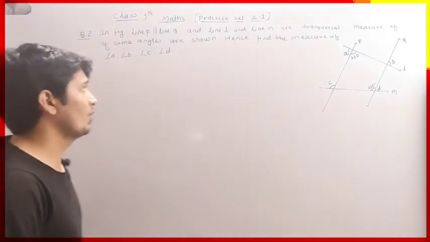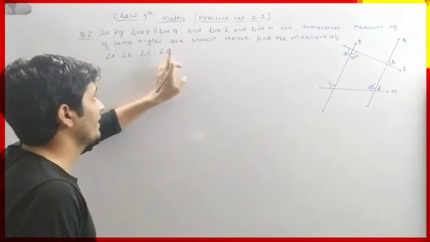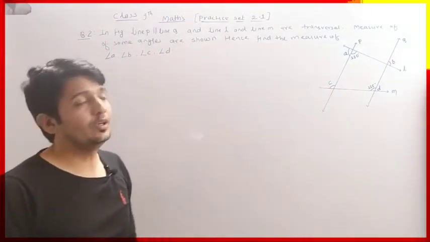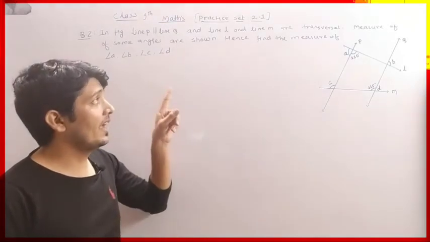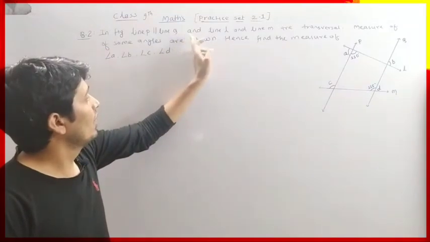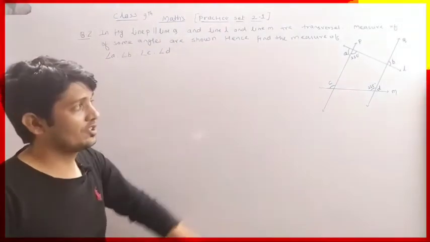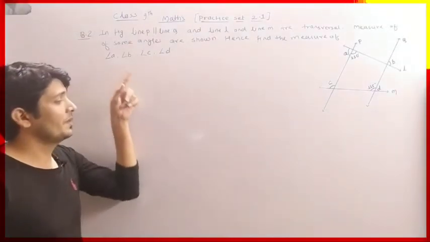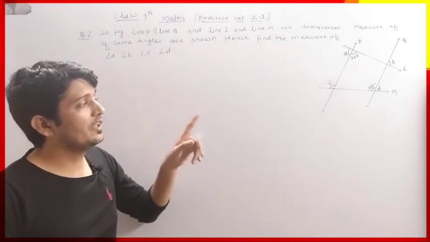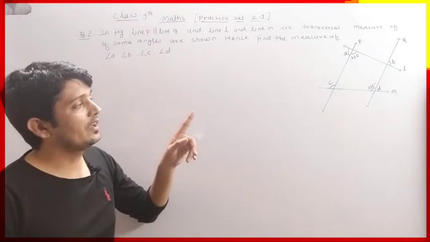Okay, so the second problem says, in a figure line P and line Q, see P and Q are parallel to each other, and L and M are the transversal lines. And the measures of some angles are given, that is angle BDC and angle CPL.